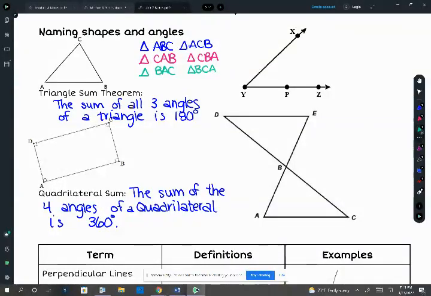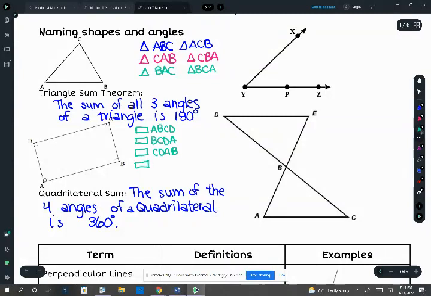And the same thing happens with a quadrilateral. We can name it as quadrilateral ABCD. We could name it as any of those orders. So we could do BCDA. We could do CDAB, and so forth.